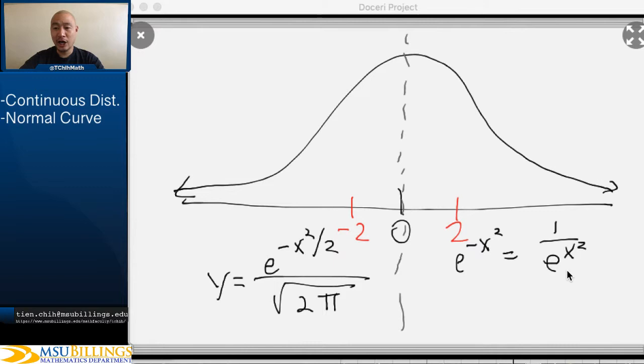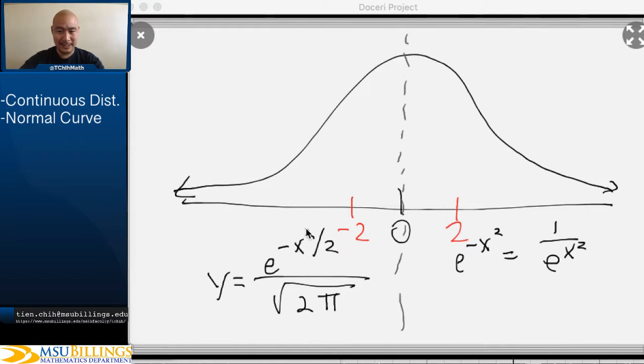And so the largest value that either of these expressions can take on is when x is not positive. And that only happens when x is 0, since negative and positive numbers do the same thing. So when x is 0, then I just get 1 over e to the 0, which is itself 1. 1 over 1 is 1.